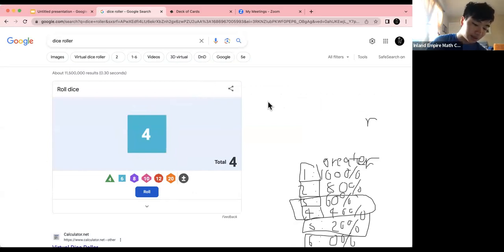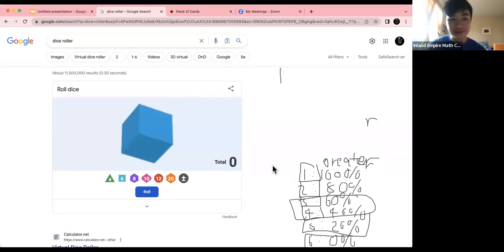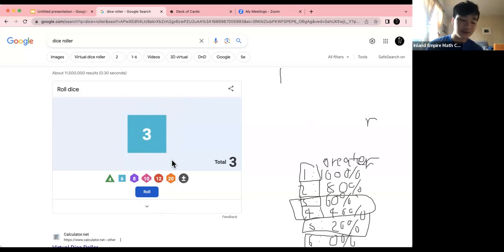If I bet $1 here, then on the next roll, oh, whoops. So if I bet $1 here, based on this, I will guess that it's more likely to be smaller, since there's only a 40% chance of it being greater and a 60% chance of it being smaller. But I only bet $1, and it was smaller. So I doubled my $1 to $2.